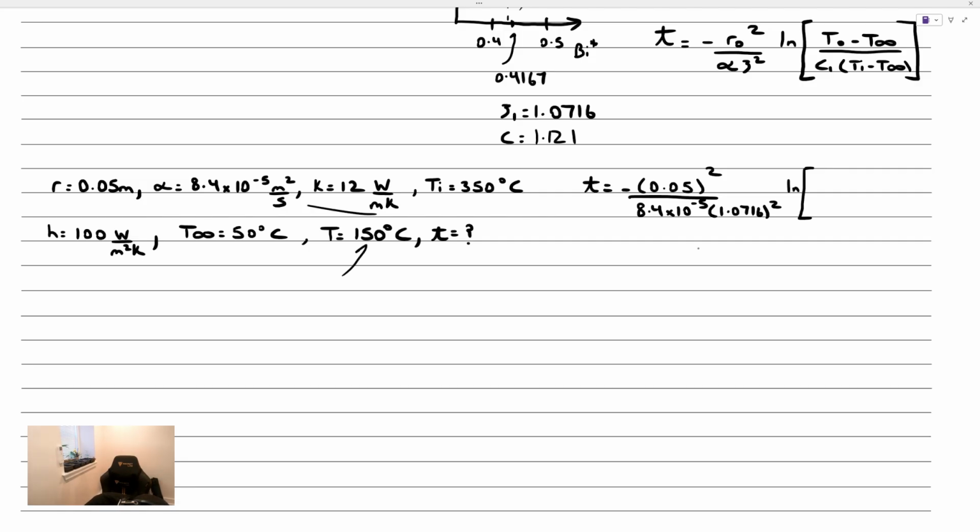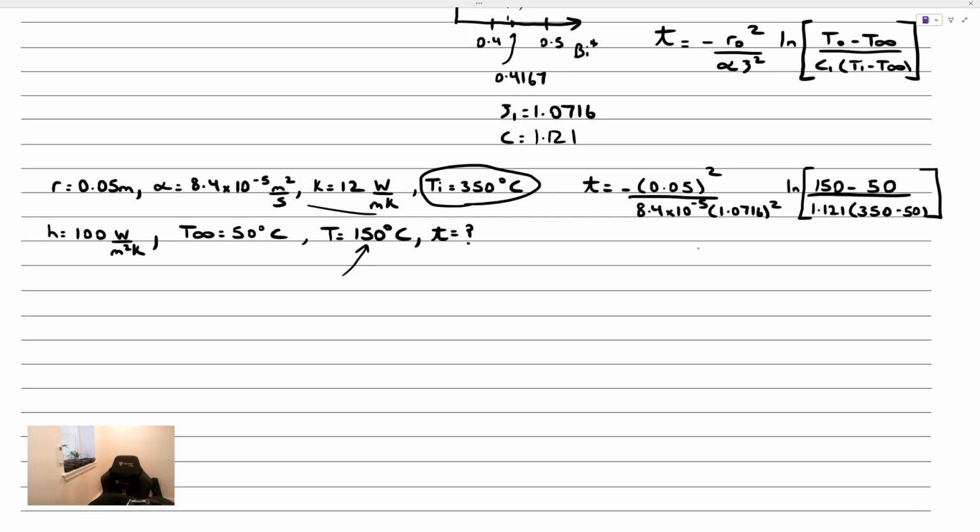So that's going to be this 150 degrees right here. 150 minus T infinity. T infinity is the fluid temperature. That was at a temperature of 50 degrees. We're going to go ahead and divide by C1. That was 1.121. Multiply by Ti, that's the initial temperature of the body. The initial temperature was 350 degrees for that sphere. And T infinity, we just wrote that down, that was 50.